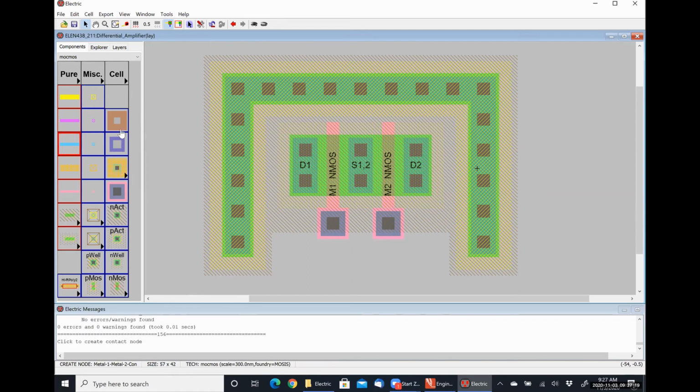All right, so that seems okay. So now I'm going to put a metal 2 to metal 1 connection. Tie them. Actually, I'm not going to do that just yet. So what I'm about to do might seem funny.